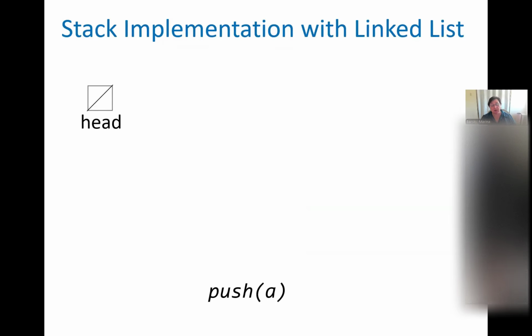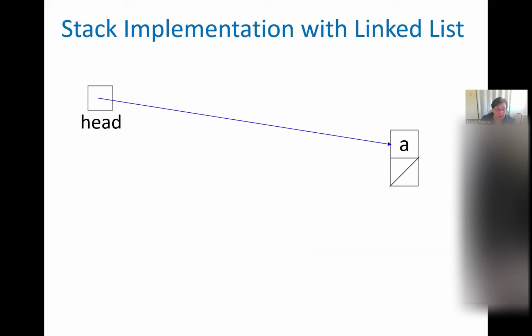So how about linked lists? Here is an idea. I could add at the end of the list, but then I would also need to remove from the end of the list, because it's one-ended. So I push A, and I am going to add things on top of each other.